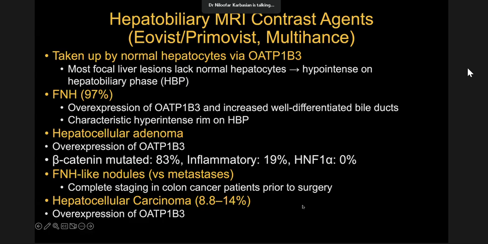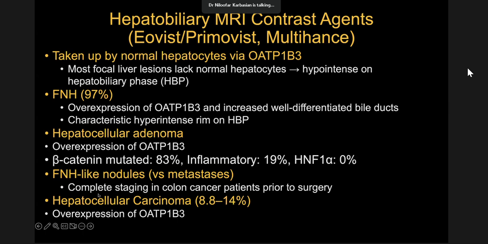And then also, during the course of chemotherapy, there are some lesions like FNH-like nodules that happen because of vascular changes associated with some chemotherapy agents, particularly oxaliplatin. The hepatobiliary phase will show very beautifully that they retain contrast because they're technically similar lesions to FNH.